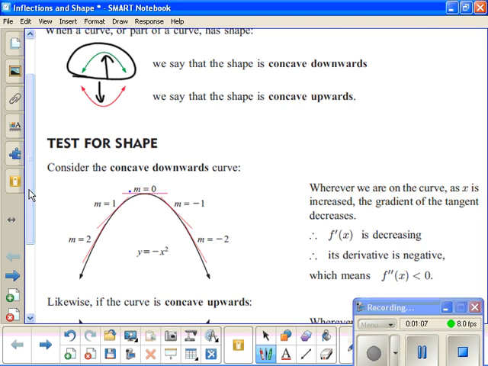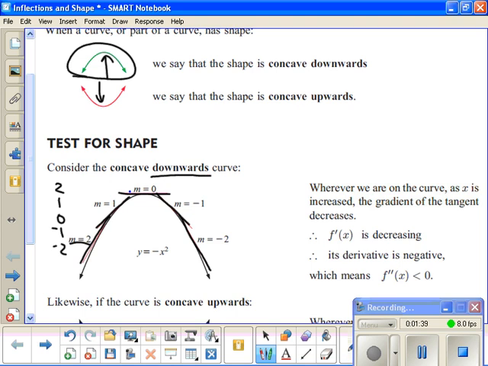You can test for shape by looking at the derivative function. If the derivative function is always decreasing, notice here the slope, in other words the gradient, is 2, then it's 1, then it's 0, then it's -1. Aren't those values always decreasing? It goes from 2 to 1 to 0 to -1 to -2 and so on. So if the derivative is constantly decreasing, it's concave downwards.